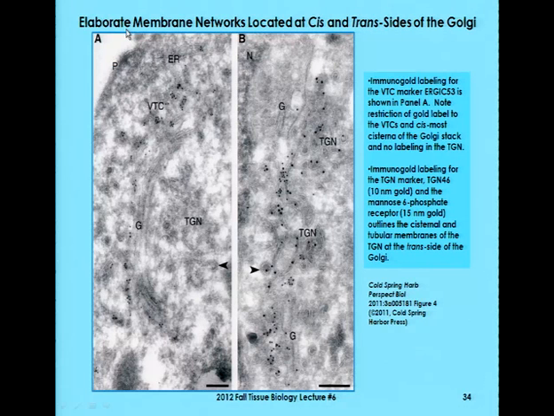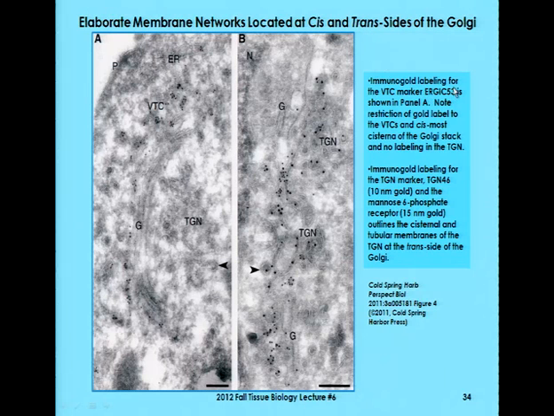It's important to note that there are elaborate membrane networks located at the cis and trans sides of the Golgi. And you can distinguish these membrane networks by immunolabeling studies. So the vesicular tubular clusters, which is a whole array of membrane vesicles that are found near the cis side of the Golgi, you can label these structures with a marker called ERGIC53.